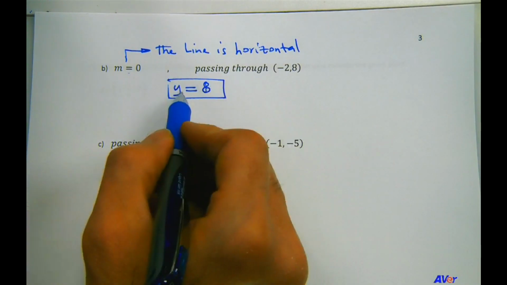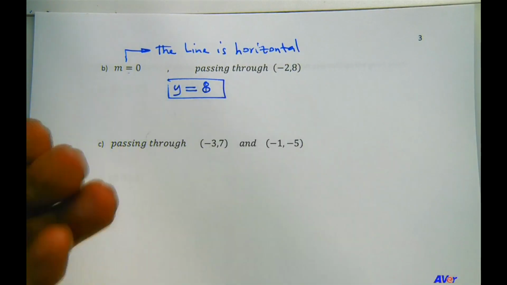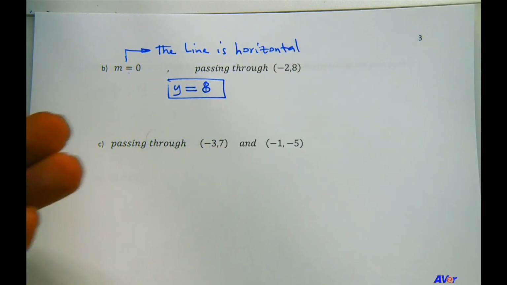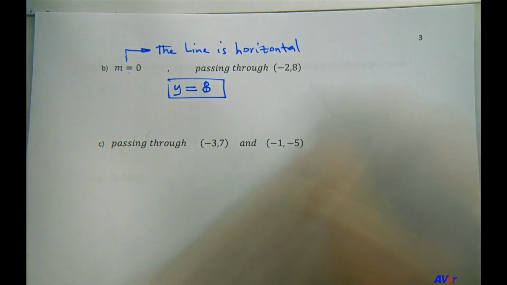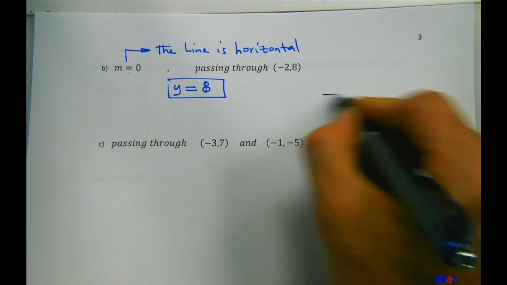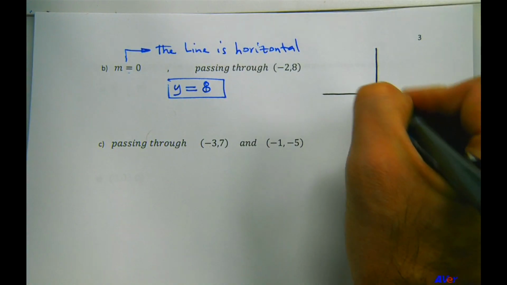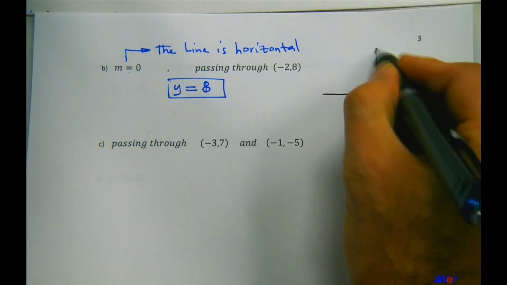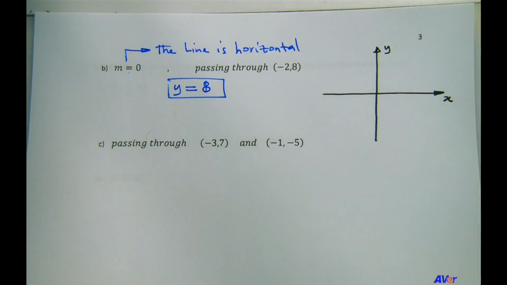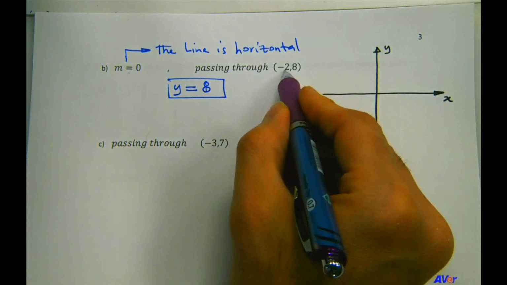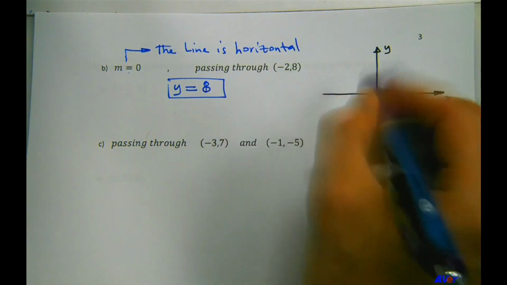Because y equals 8, let me actually draw a little graph of this. So suppose we have a graph like that, and suppose we have this point. Let's find this point. Where is it? Negative 2 comma 8.